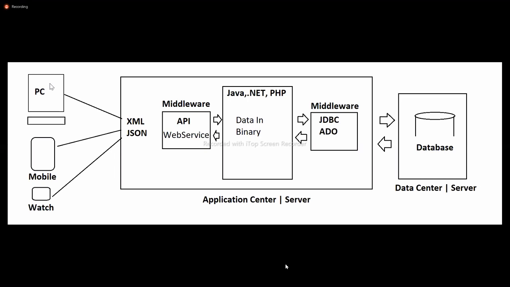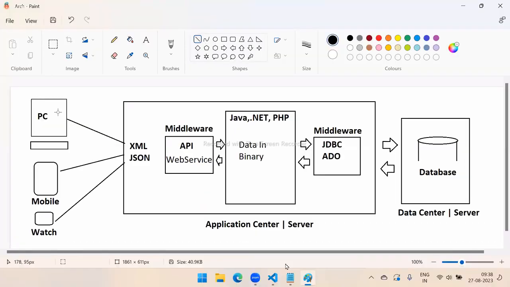So the point here is, the communication between the client and the server side technology is managed by a middleware. Server side technology and database is again managed by a middleware. So I will show one real-time example. For example, we are developers.